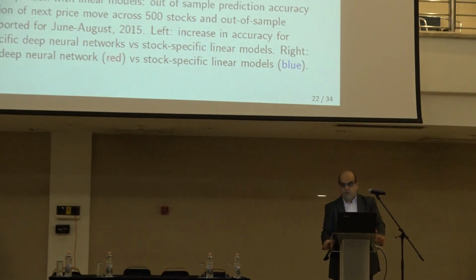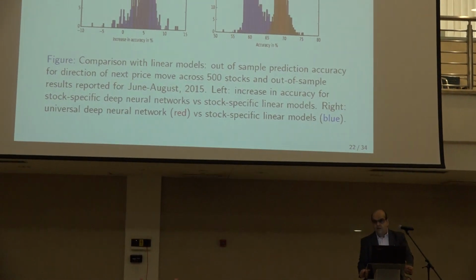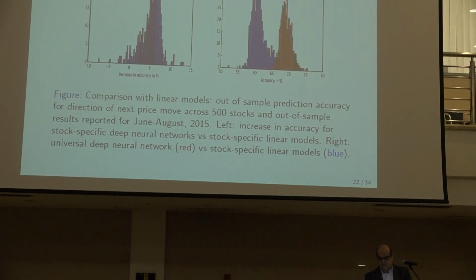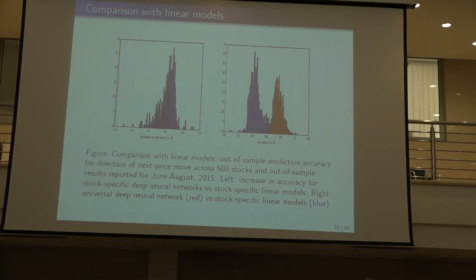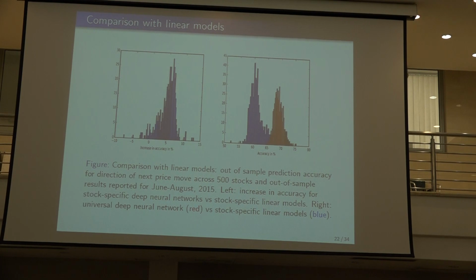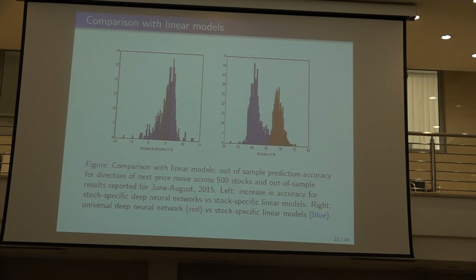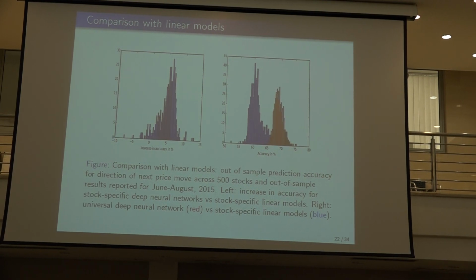So what do linear models capture? Linear models easily capture trends. If the stock price is going up during the day, they can easily see that. So if you forecast with the same accuracy as a linear model, it just means you're capturing a trend. You don't need the neural network to do that.